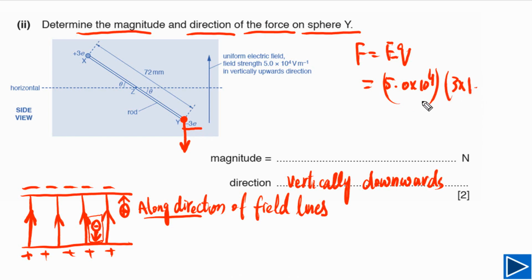So this is 3 times e, where e is the elementary charge. So it means 3 times 1.6 times 10 to negative 19. If we just simply multiply this, we can find the magnitude of force on this sphere Y, and that value is 2.4 times 10 to negative 14 newtons.